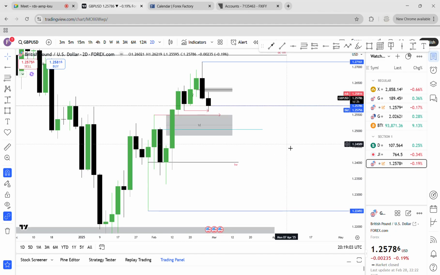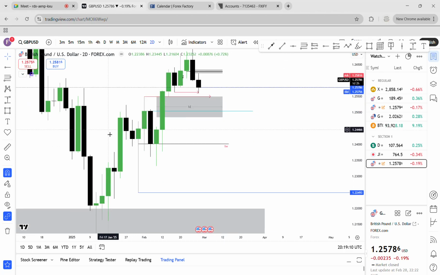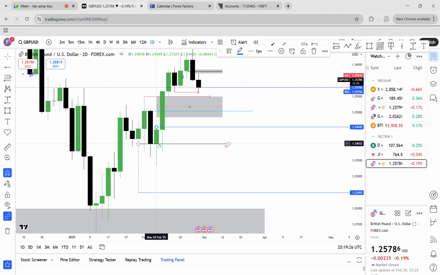So the fair value gap will form in a three candlestick formation. Basically, if we are going higher, we're looking at a bullish fair value gap. First, we identify the high of the first candle.